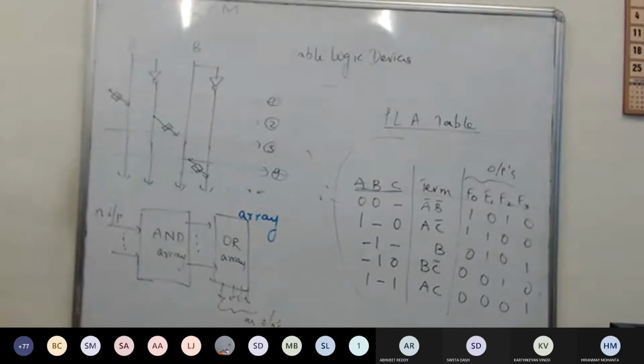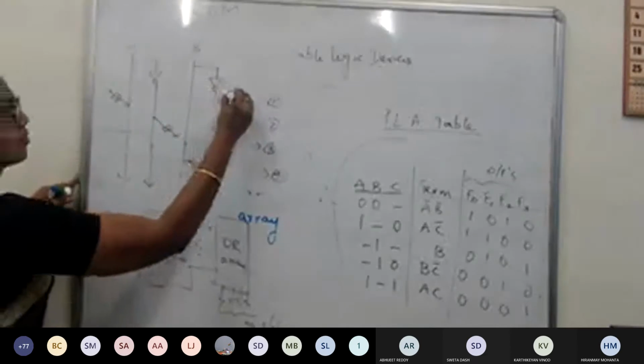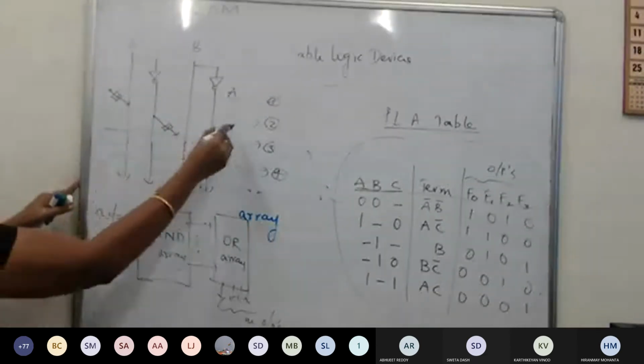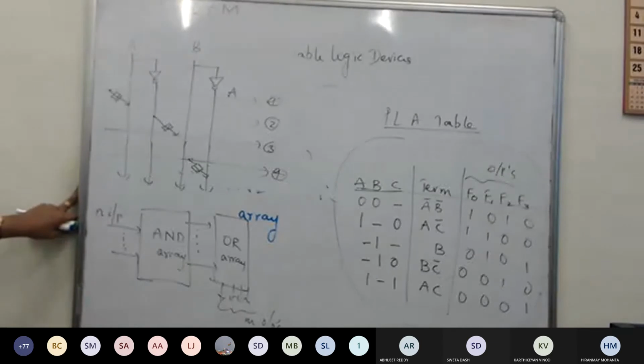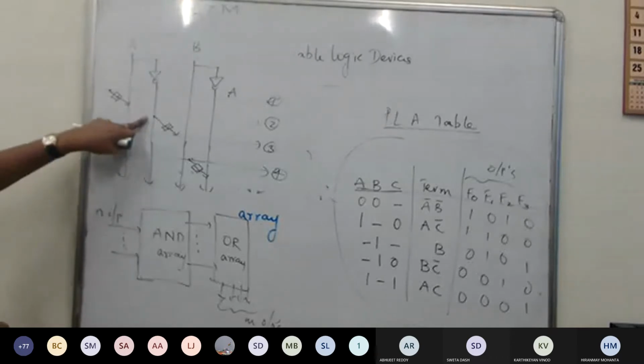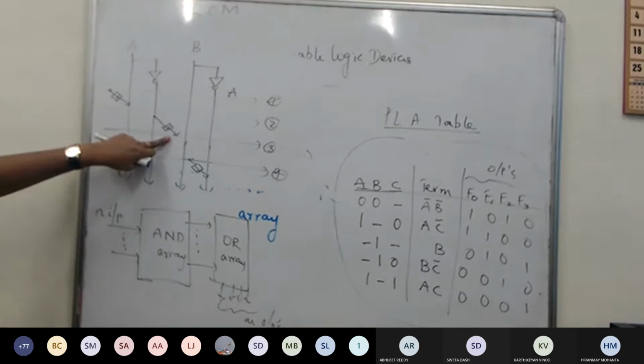What is the switch available? A. Only A. In the second line, what is the switch available? Second line. This one is connected to third line. So second line, what is the switch available?